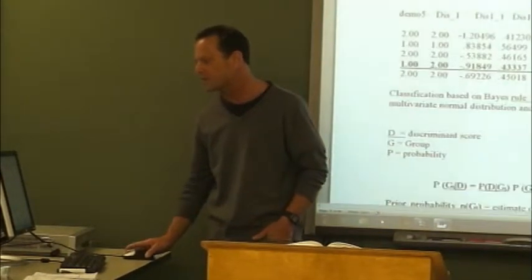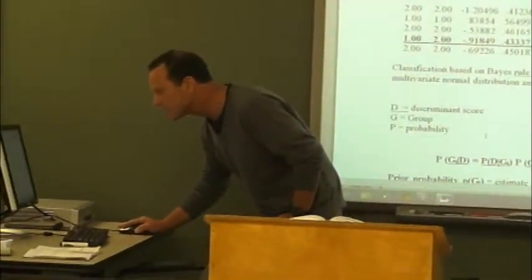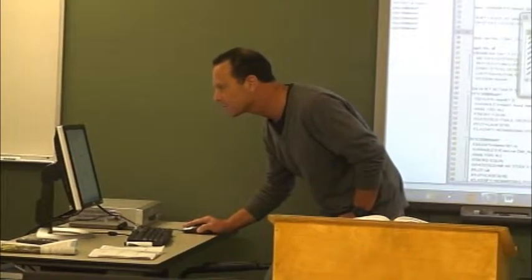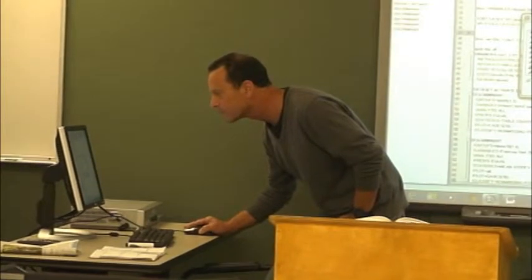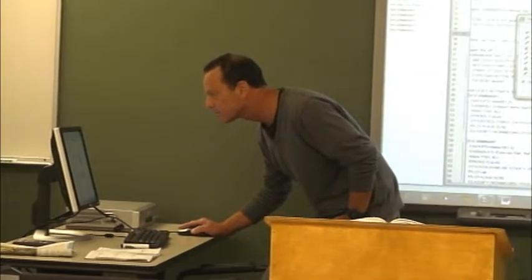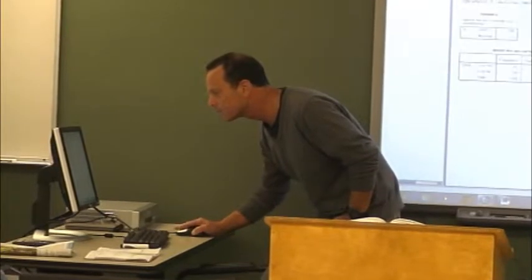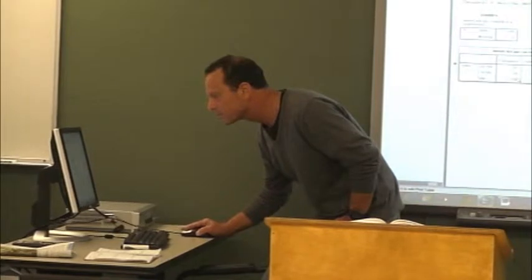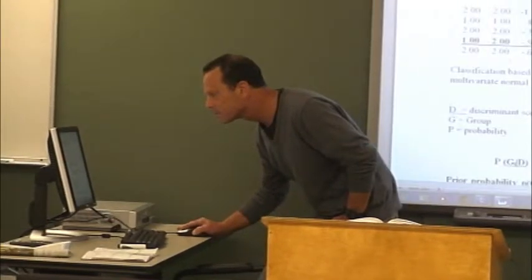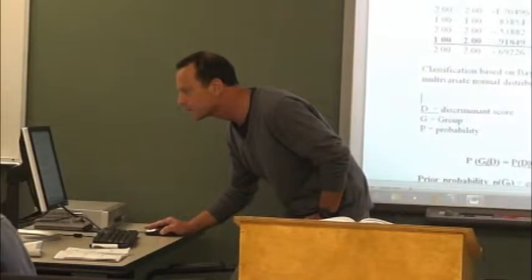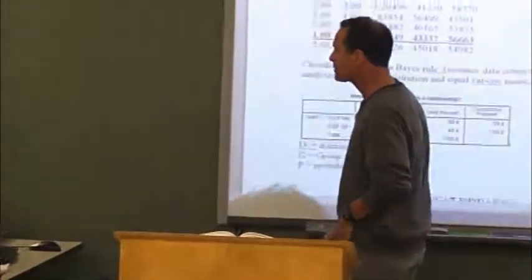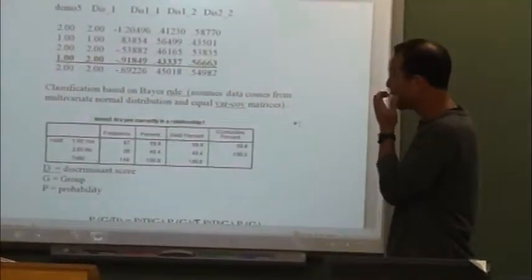So is there any misclassification here, everybody? Okay, keeping in mind again, let's look at demo 5, just so you can remember what it was. Keeping in mind, 1 is yes, you're in a relationship, 2, you're not.